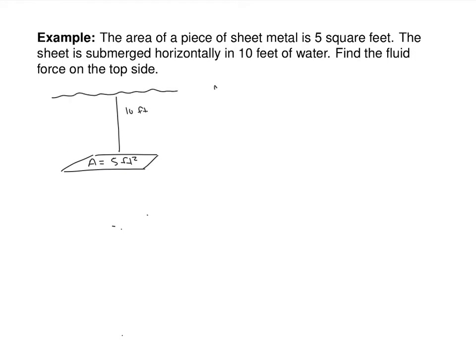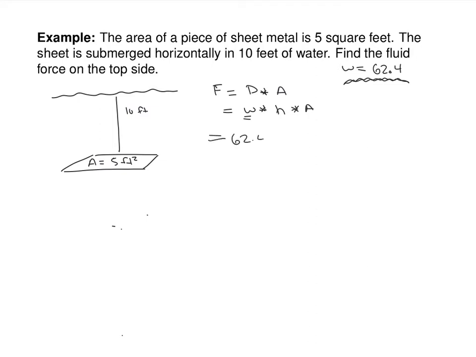From above, we know that force is equal to pressure times area, and pressure is weight density times depth, so force is weight density times depth times area. We're going to assume that the weight density of water is 62.4. That will be different for different things, it actually even depends on the temperature, so we're grossly oversimplifying here, but we do that a little bit in math.